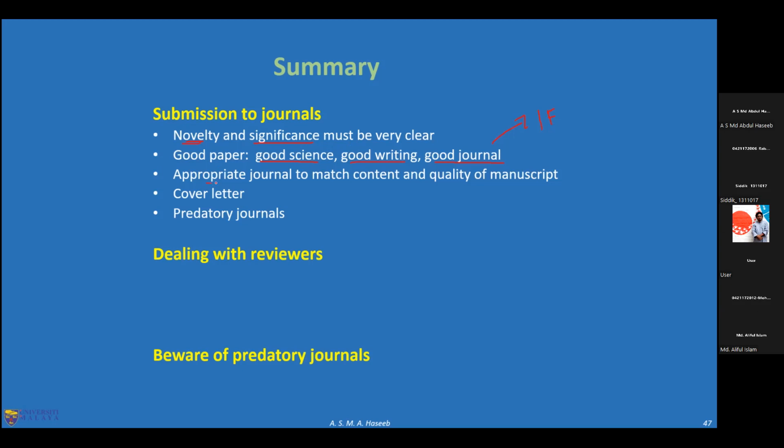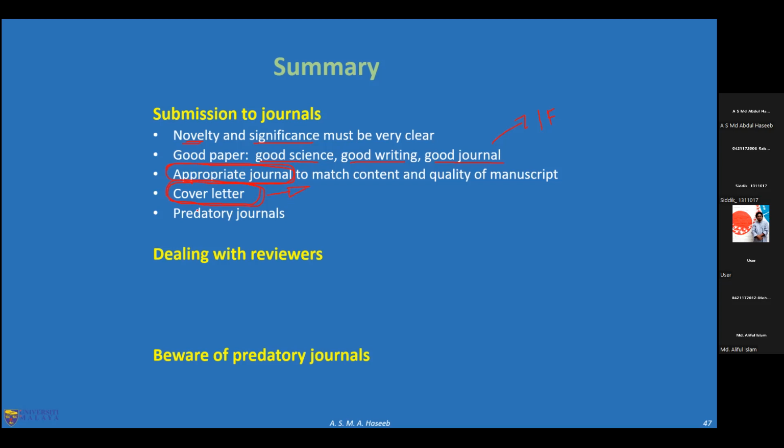You send it to an appropriate journal, extremely important. The cover letter, don't neglect it. It has got a lot of value. So you prepare the cover letter first, where you highlight the novelty, you highlight the significance, and also you tell why this paper fits into the journal, show it to the supervisor, and then update it and then submit.